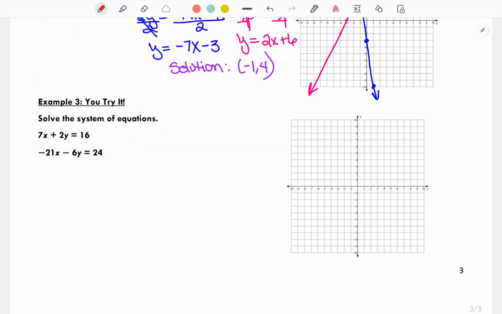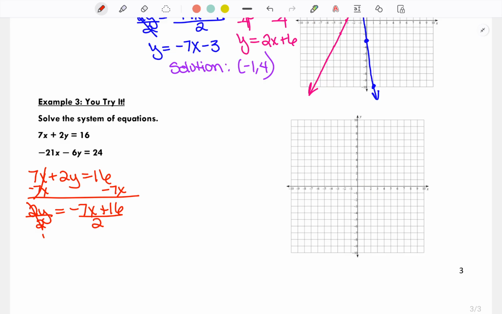Okay, so let's go ahead and take our first equation of 7x plus 2y equals 16. We are going to go ahead and get it into slope-intercept form. So we'll subtract the 7x. So we will have 2y equals negative 7x plus 16, and we're going to divide by 2.